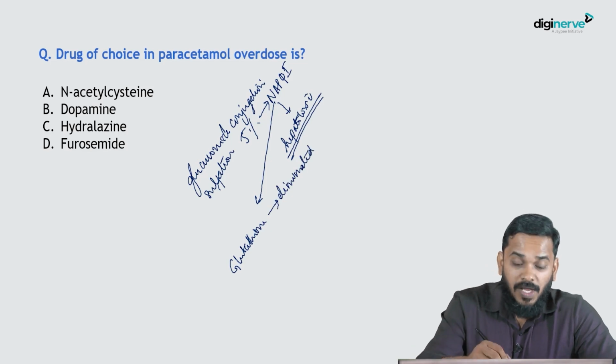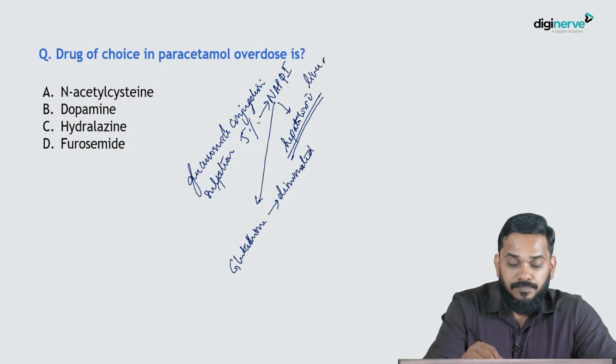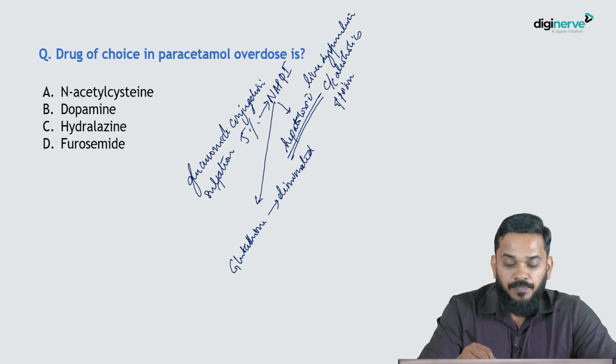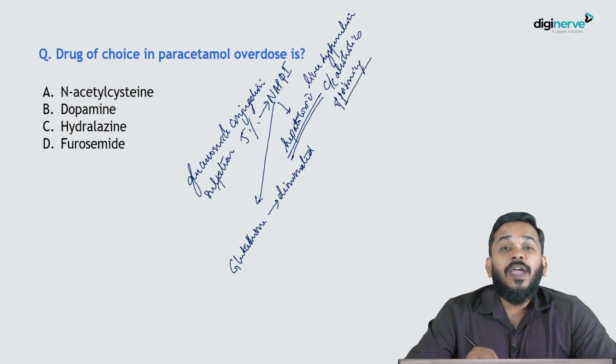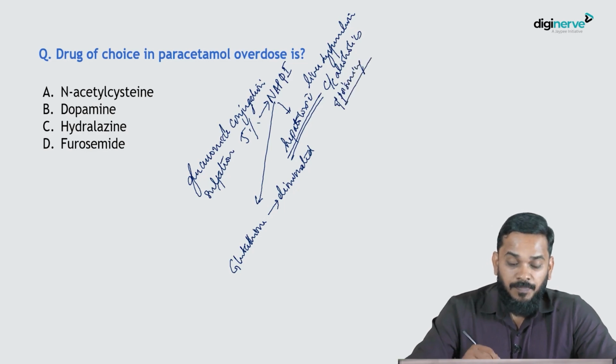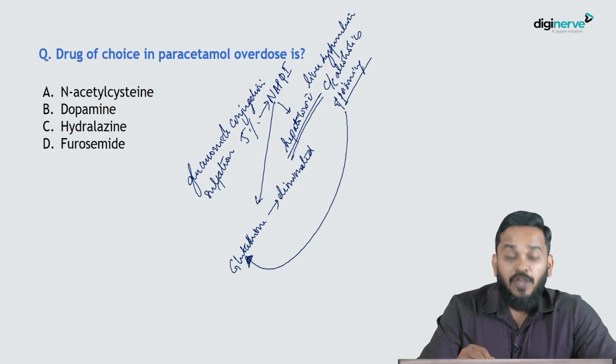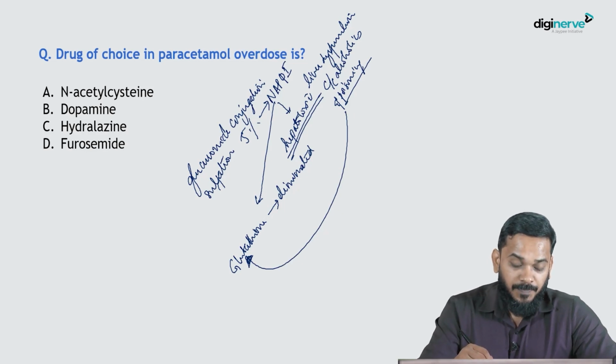In patients who are having liver dysfunction, chronic alcoholics, and also in case of poisoning where the levels of NAPQI is very high, this glutathione will be depleted, and this will result in accumulation of NAPQI, and that will result in hepatotoxicity.